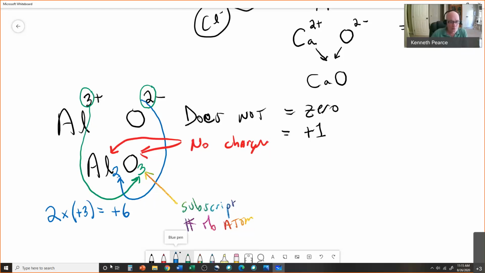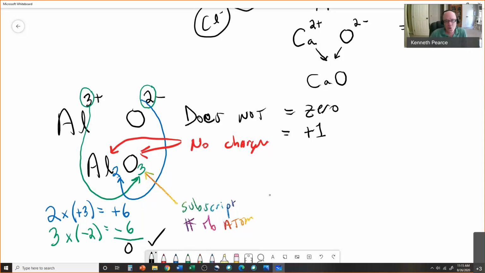And we take the 3 off of the oxygen. Each oxygen is minus 2, so all the oxygens together is minus 6. If we add those up, 6 minus 6 is 0. Sure enough, that's what we're looking for, and that's what we need.